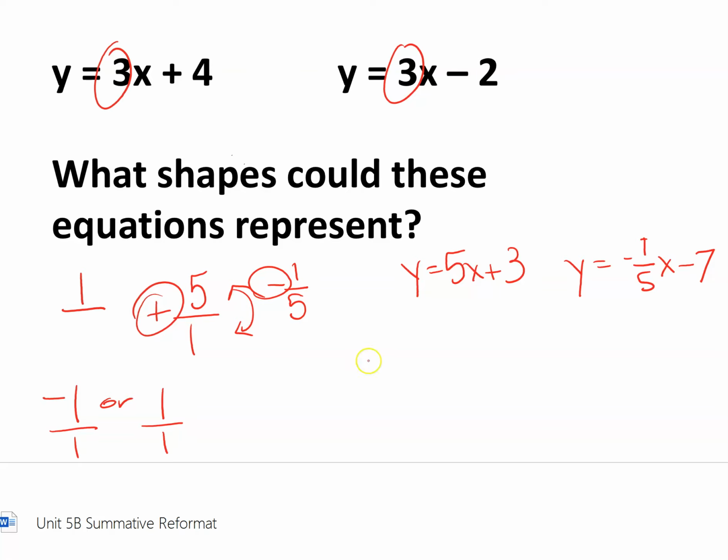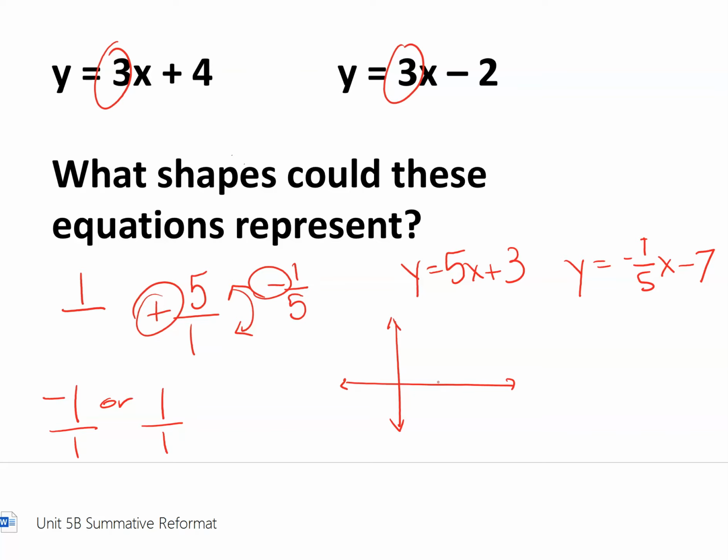The only other peculiar one is when you would see an undefined slope and a zero slope. As far as choosing equations, a zero slope is just not going to have an x value. So on a graph, it's going to be something that's straight up and down and something that is a zero slope.